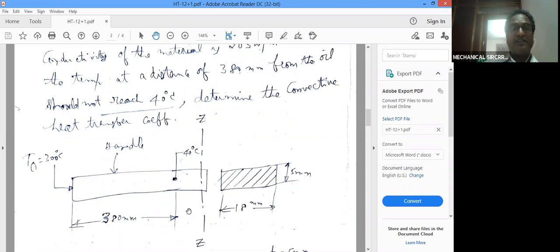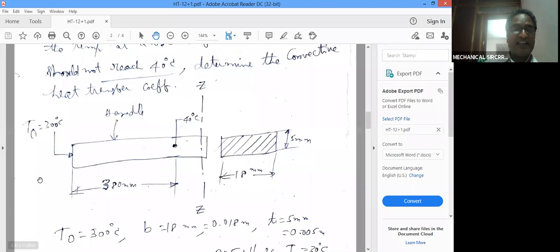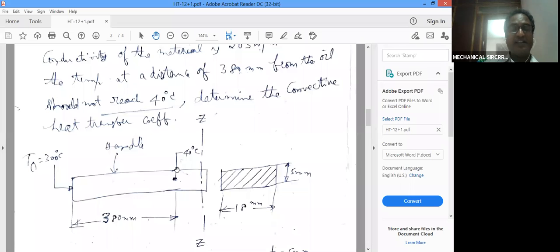The temperature at a distance of 380 mm from the oil in the pan should not reach more than 40 degrees centigrade. Here at the base T0 is 300 degrees centigrade, and at this end 40 degrees centigrade.